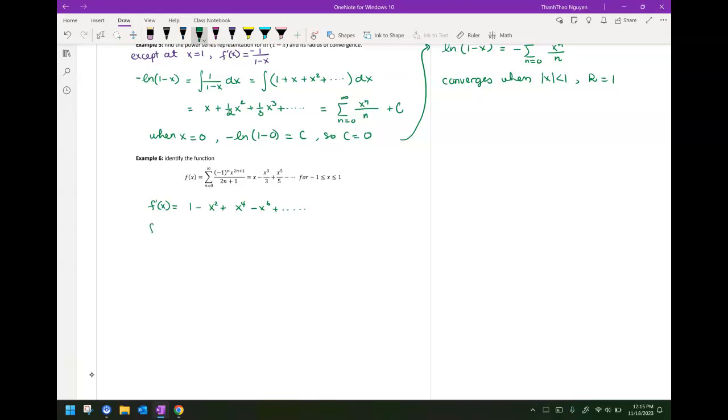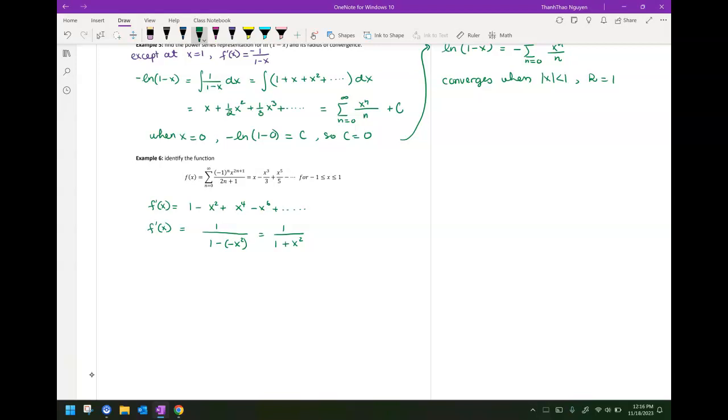So it looks like f prime of x is a geometric series with first term 1 and ratio negative x squared, or that is 1 over 1 plus x squared.